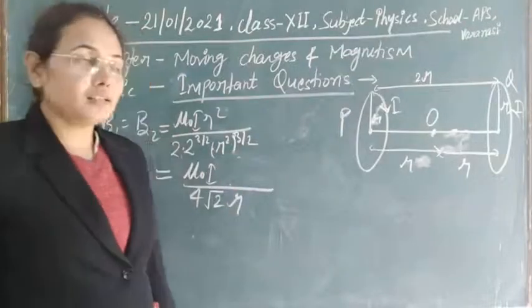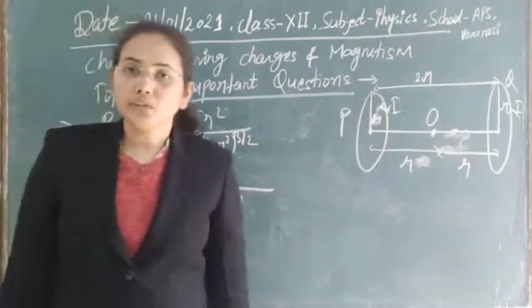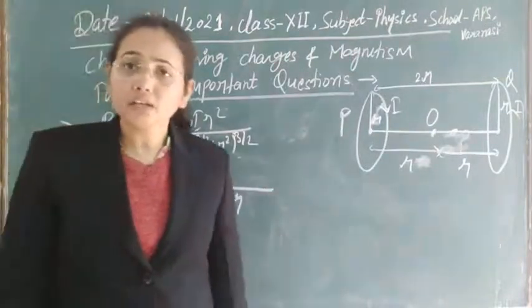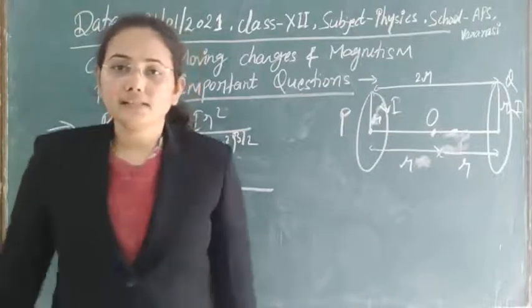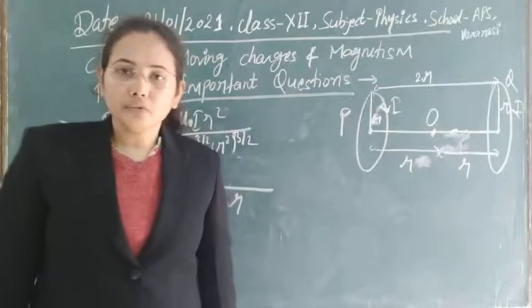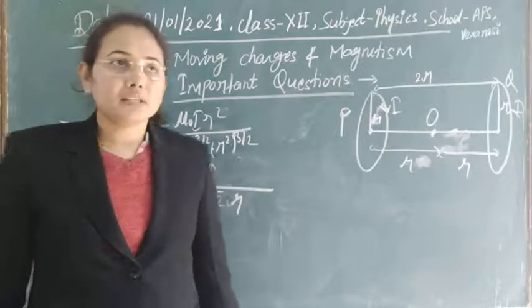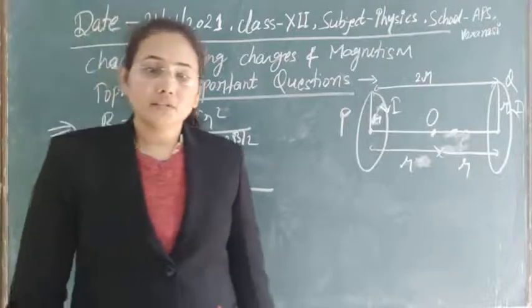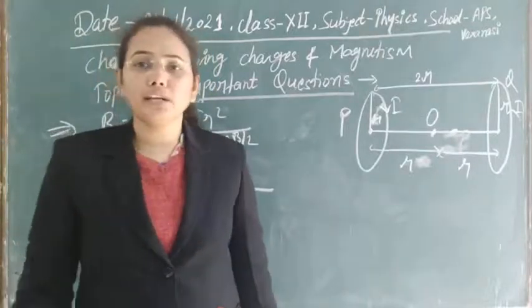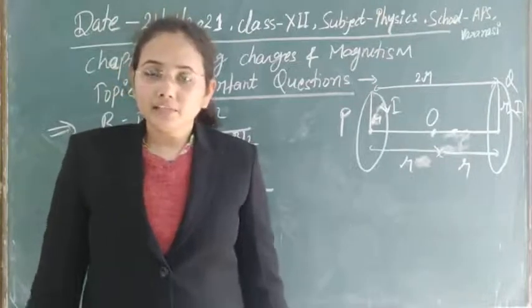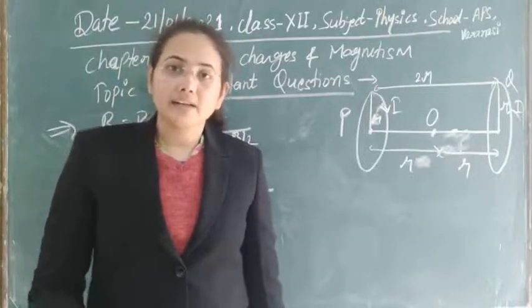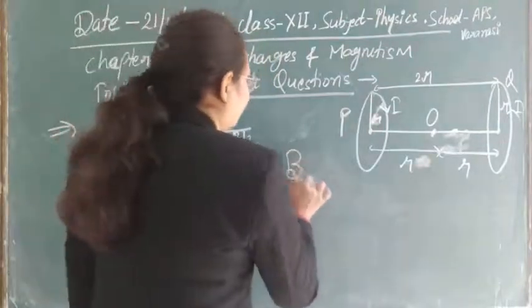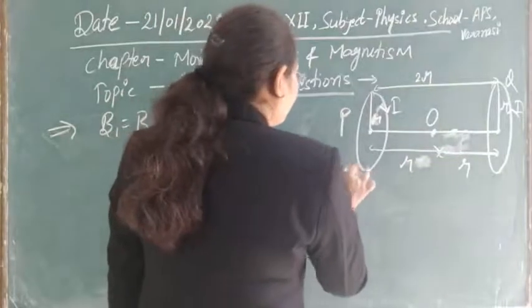Now the directions of current in both the coils are different: in the first coil the direction is clockwise, and in the second coil it is anti-clockwise. So if two circular coils have current flowing in opposite directions, then their magnetic fields get added, so the net magnetic field is B1 plus B2 here.